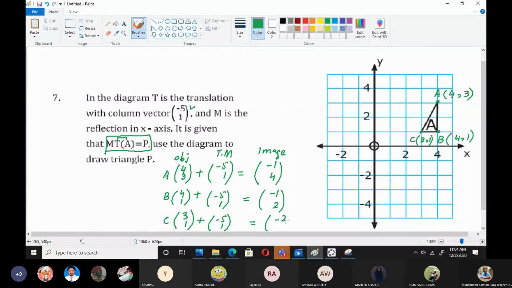It is (-2, 2). So (-1, 2), (-1, 4), and (-2, 2). Got it? Okay. Now A becomes A bar, B becomes B bar, C becomes C bar.